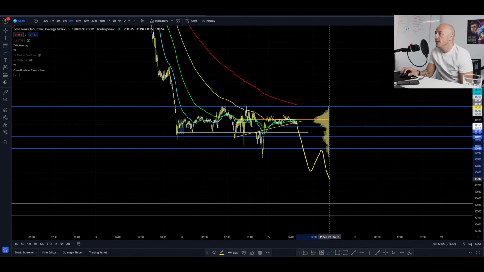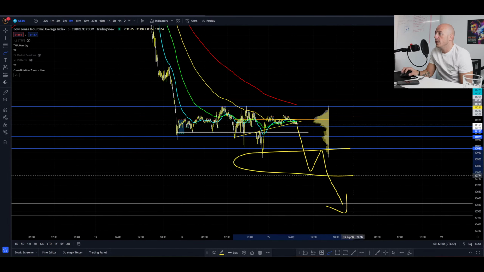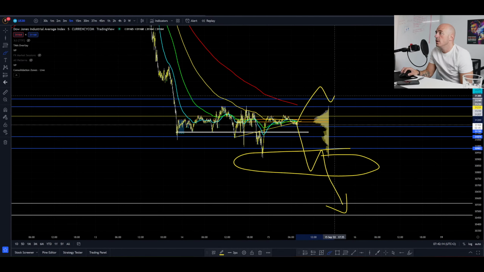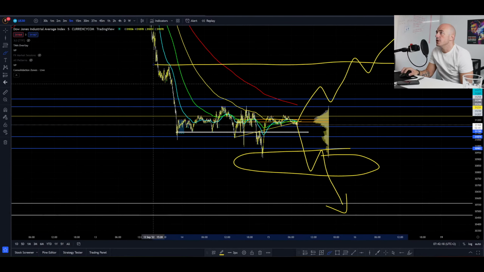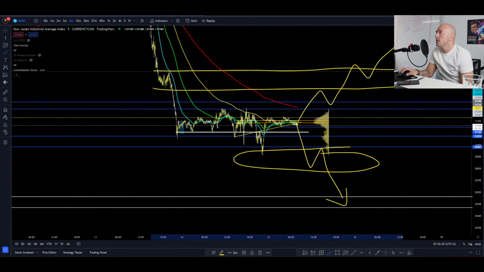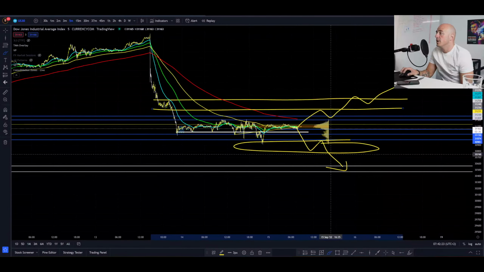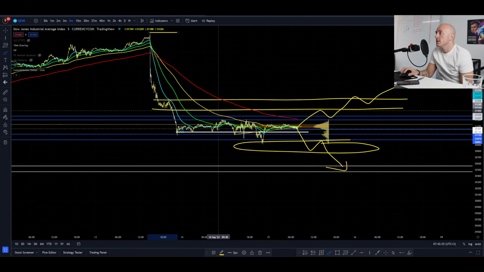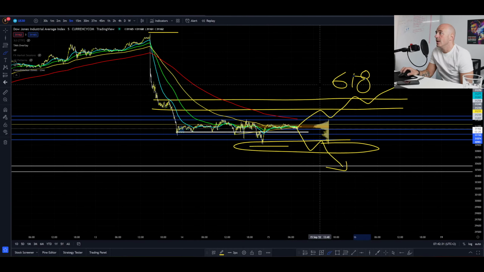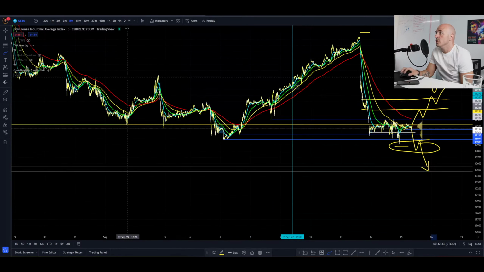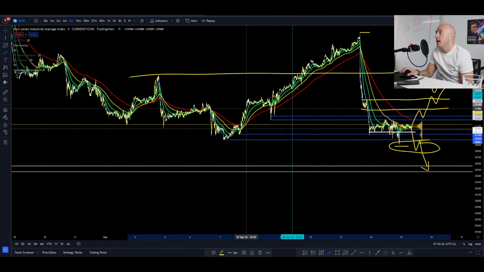is wait for this and only trade this area, or look for setups in this area, and if that does come up, say this is the start of the move, this is the end of the move, this would be like a 618 area, which would also coincide with that.